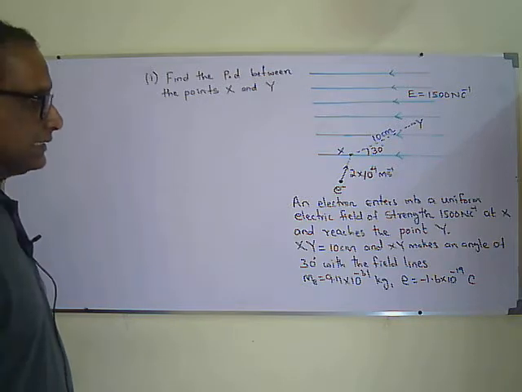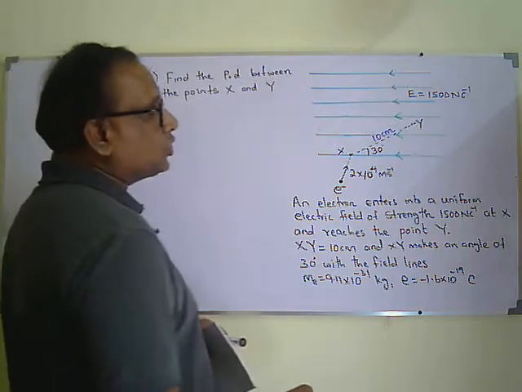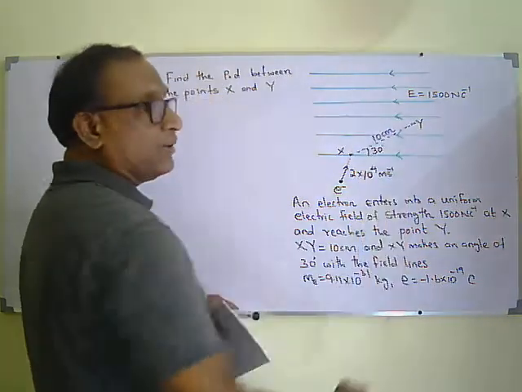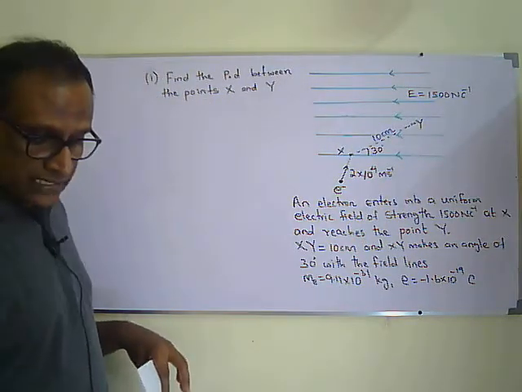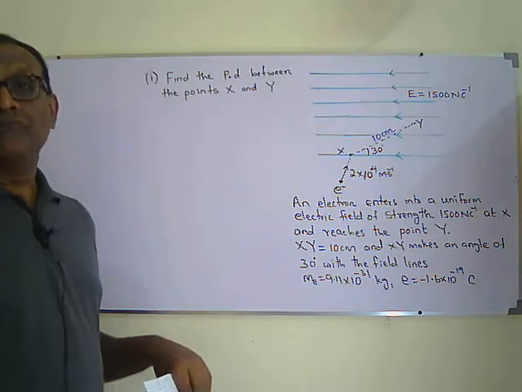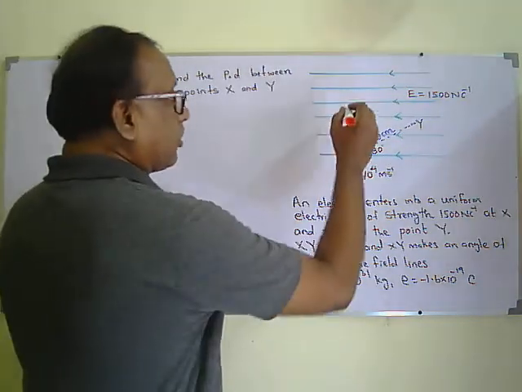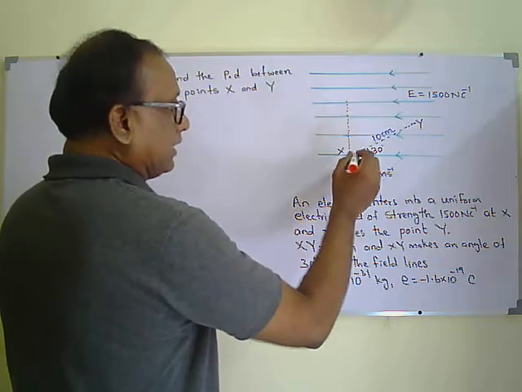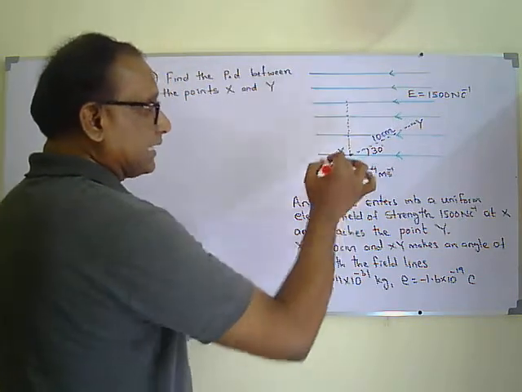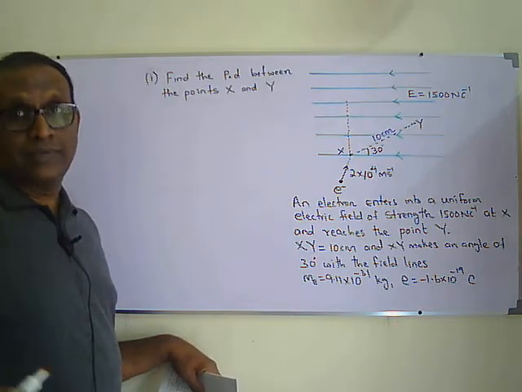The method here is like this. In a uniform electric field, the equipotential surfaces are always at right angle to the field line. So if I draw a vertical line, along this line the electric potential will be the same, equal.